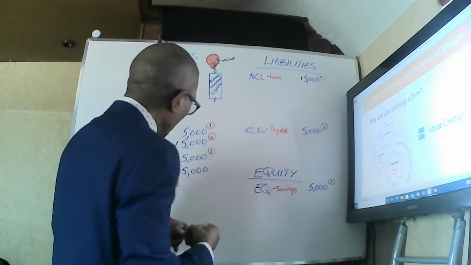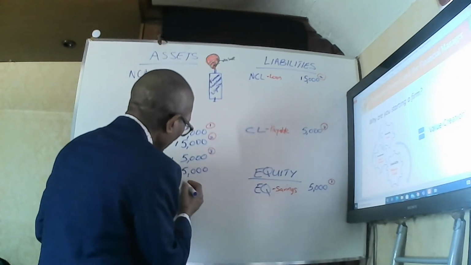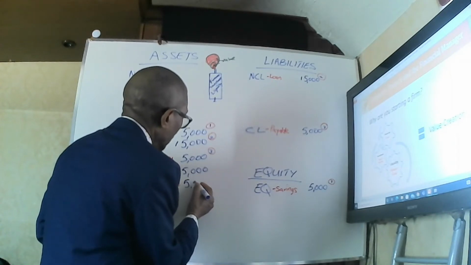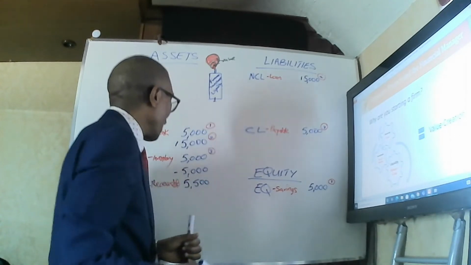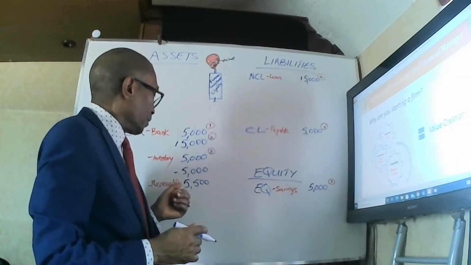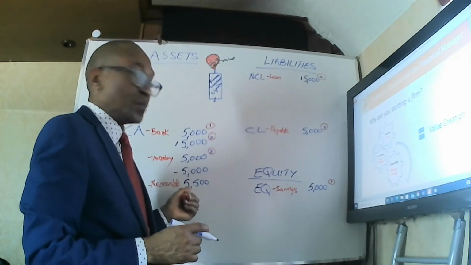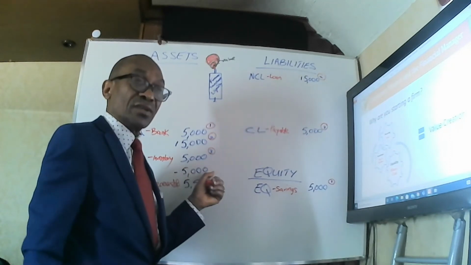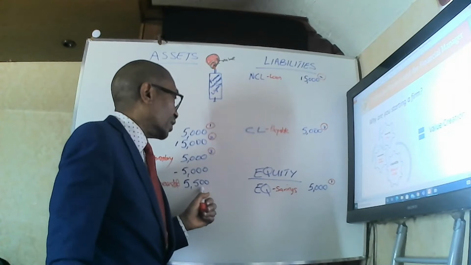I will now have a receivable which I sold for more than it cost me, so 5,500. I sold it to a customer who will pay me later for 5,500. So what I bought for 5,000, I've now sold for 5,500.